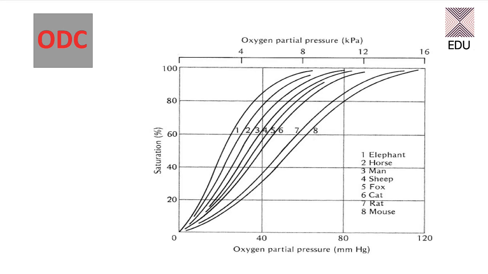And if we go for the horse at 40 oxygen partial pressure, it is near 78. So it is lower than the elephant. If you see man at 40 partial pressure, the percentage of hemoglobin saturation is near 70. The third line is near 70 at 40.